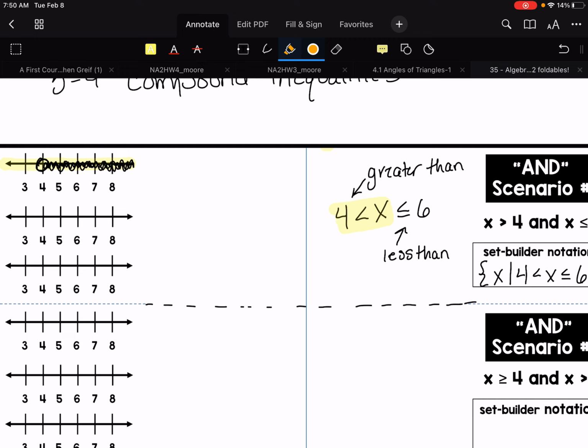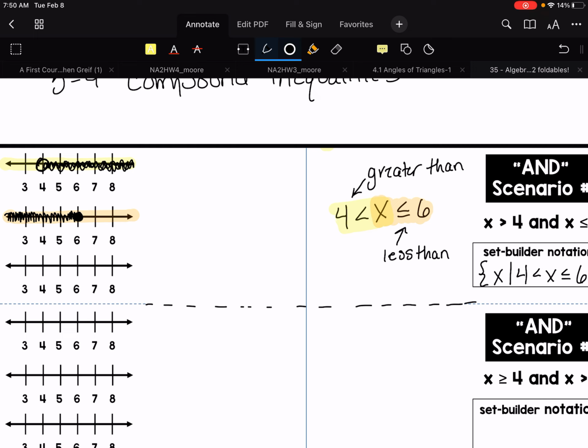The next part of this is that x is less than 6. So 6 is less than or equal to, so it should be a closed point. And my x values are less than that, so I'm going to shade the other direction. Now I'm going to put both of those together.